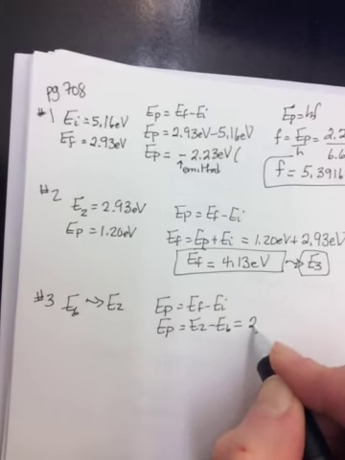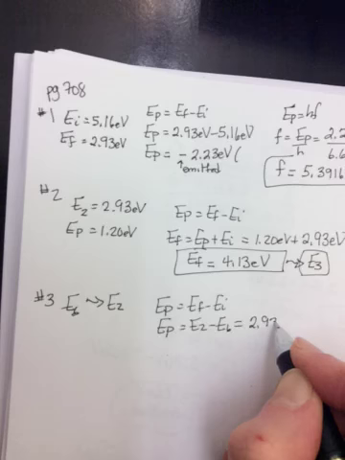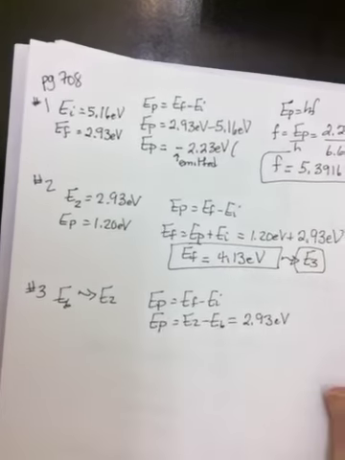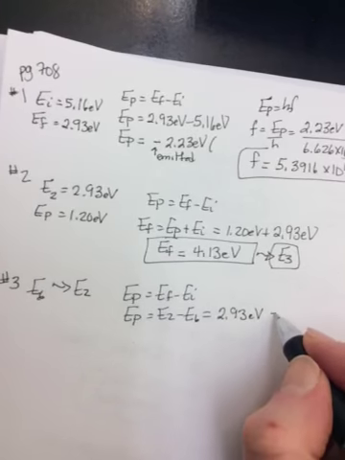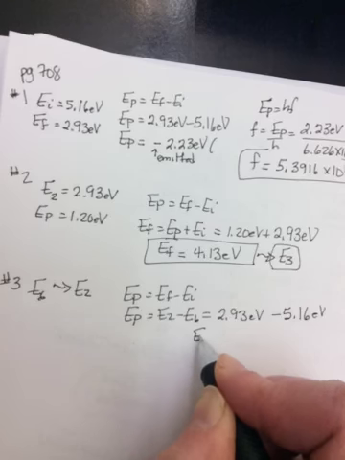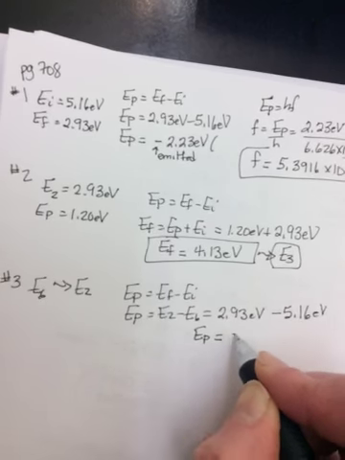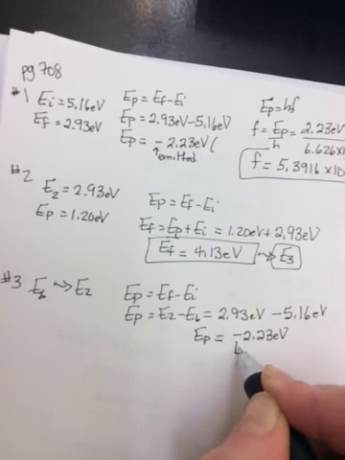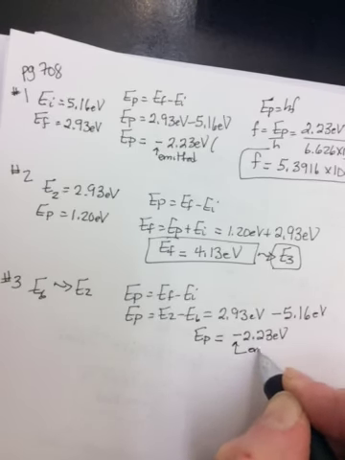E2 we had already looked up, it was 2.93, I believe, electron volts, right? And E6 is 5.16, so minus 5.16 electron volts, and so you end up getting negative 2.23 electron volts, where the negative means it's emitted.